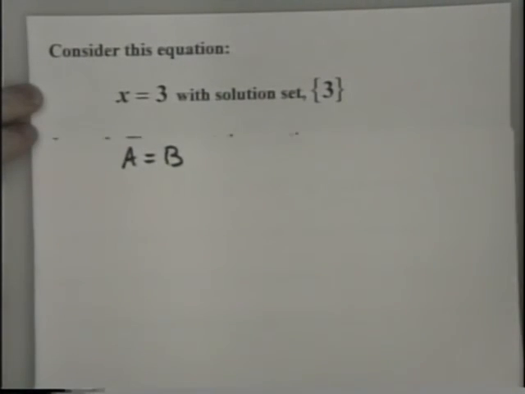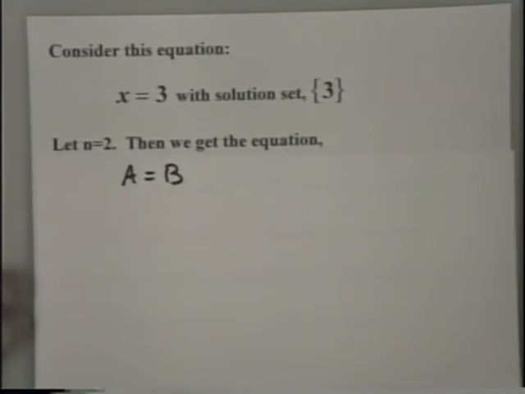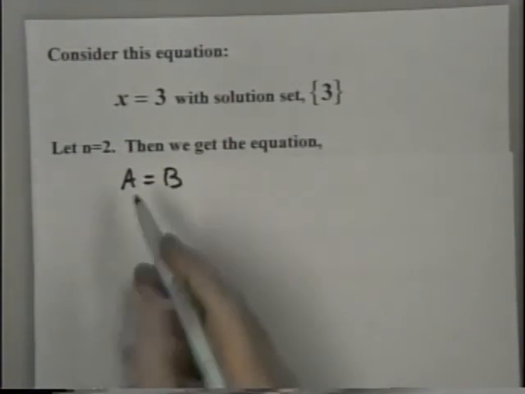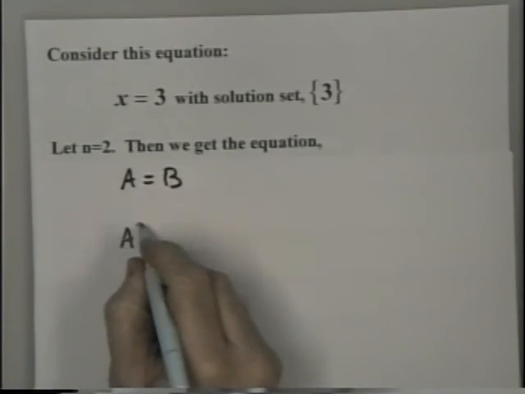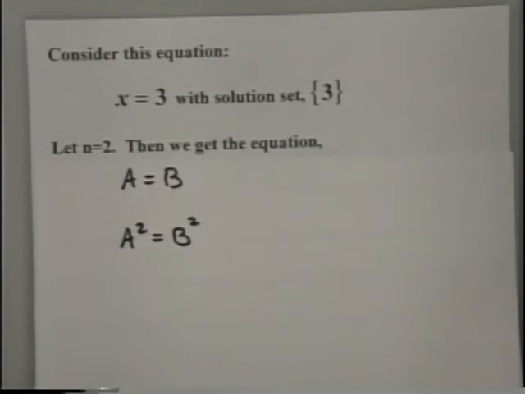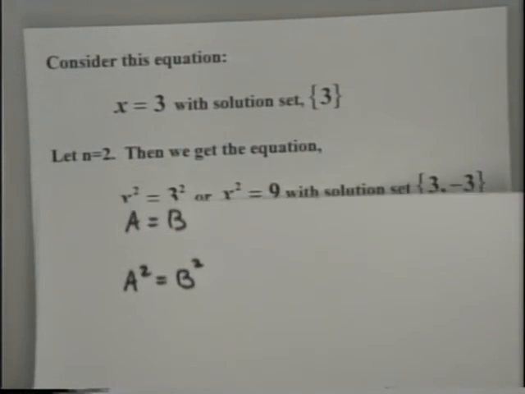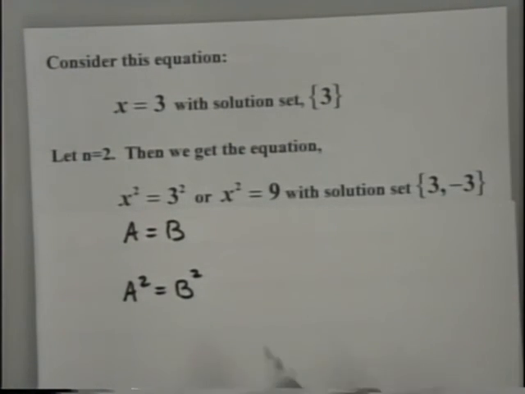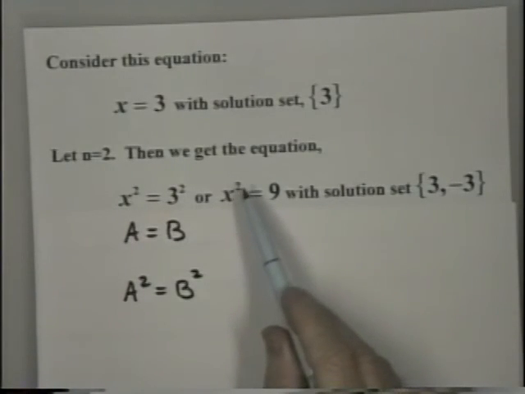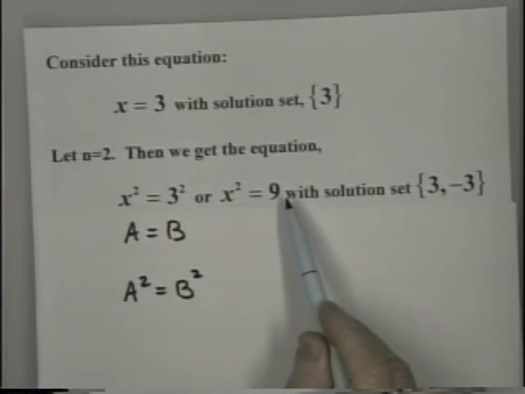Now, what if we let n be 2, and consider A squared equals B squared. I want to square both sides of that equation, and that's what I do right here. Square both sides and you'll get, of course, x squared equals 9.